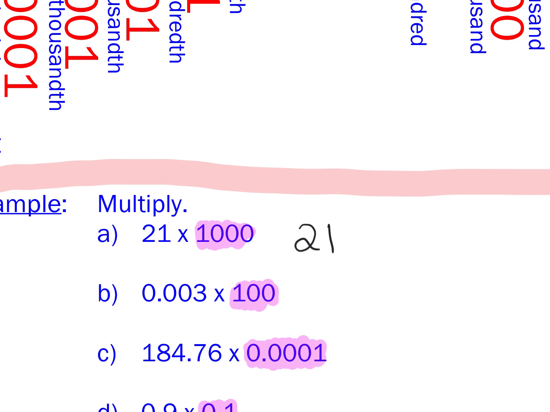So if we put a decimal right here, then we move it 3 spots to the right. So 1, 2, 3. Now the decimal is going to go right here, and we're going to plunk placeholder zeros in its place. And the answer is 21,000.